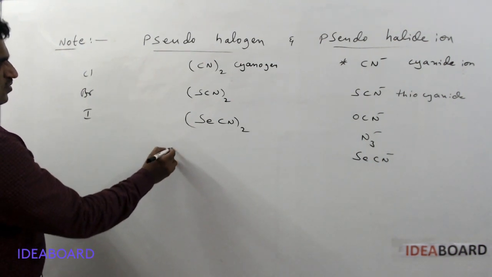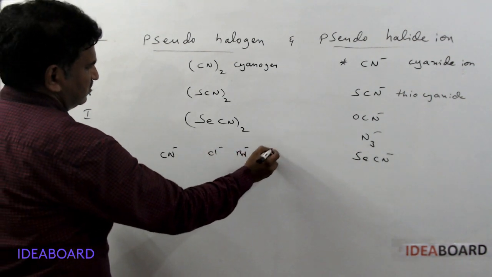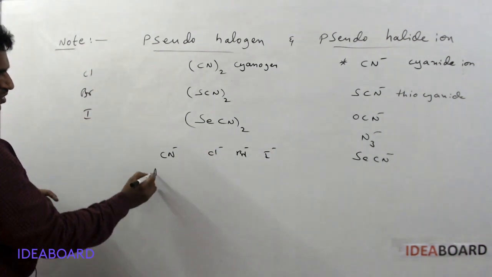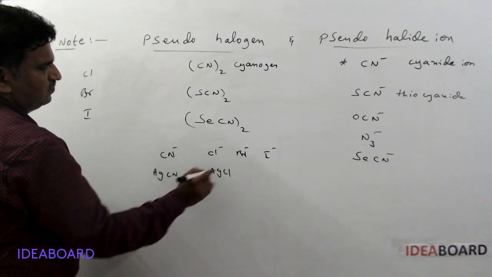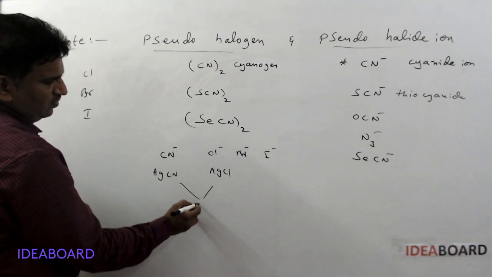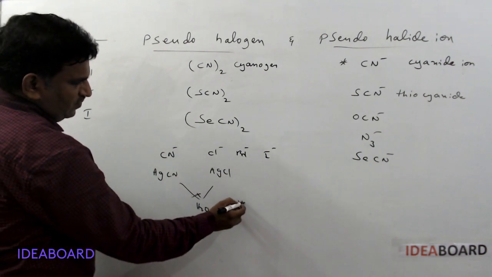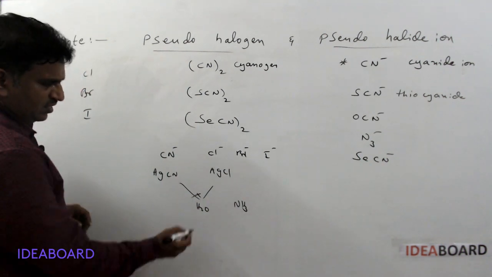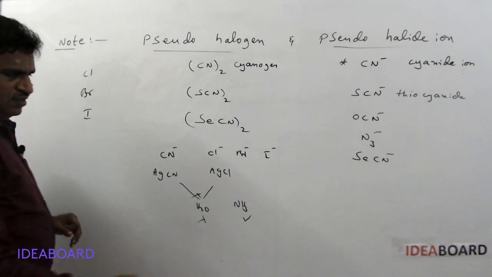Suppose CN is taken. What are the similarities with Cl minus or Br minus or I minus? We will give one example. AgCN and AgCl, both don't dissolve in water, but they dissolve in ammonia.